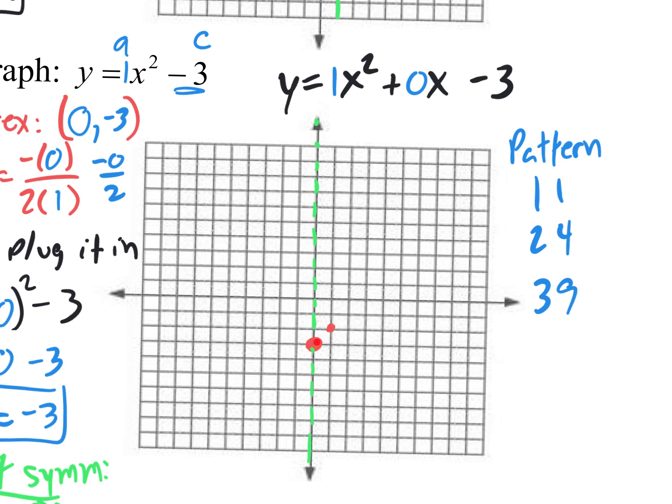And then we're going to go back to the vertex and go 2 over and 4 up. So 2 to the side, 1, 2, and 4 up: 1, 2, 3, 4. Put a dot right here. And then we go back to the vertex, and we're going to go 3 over and 9 up from the vertex. 1, 2, 3. 1, 2, 3, 4, 5, 6, 7, 8, 9, up there.